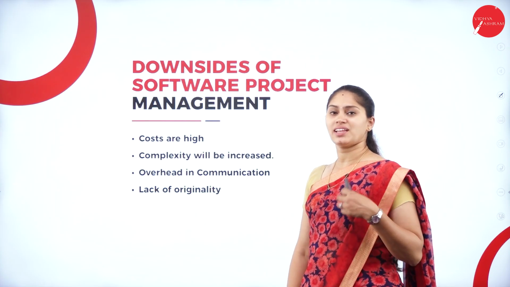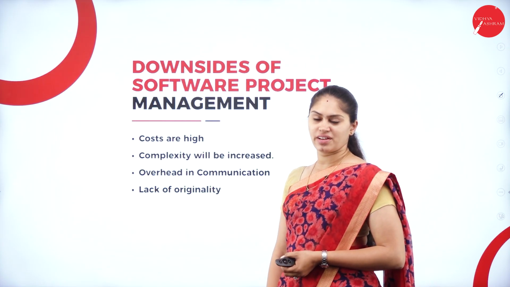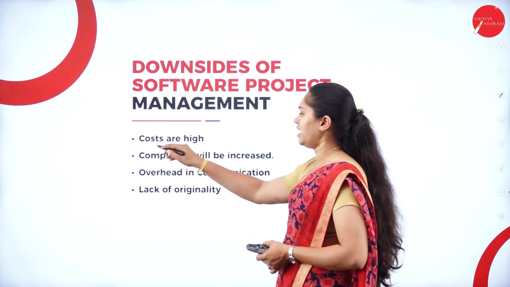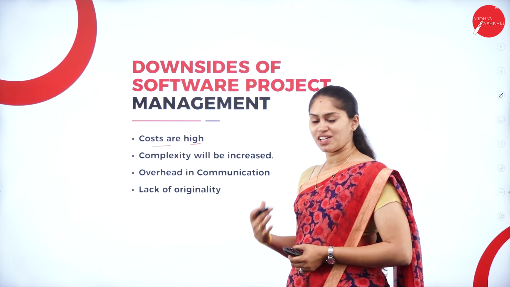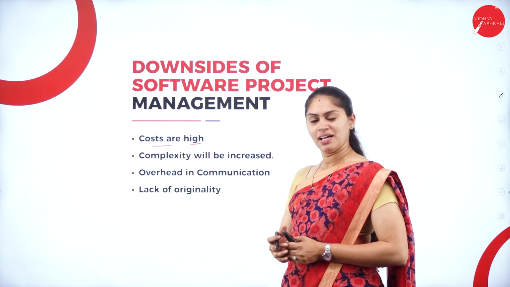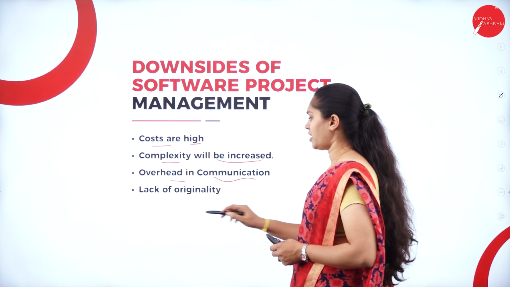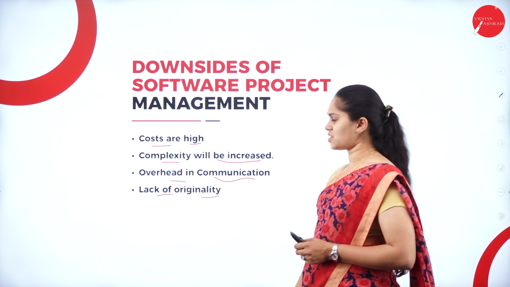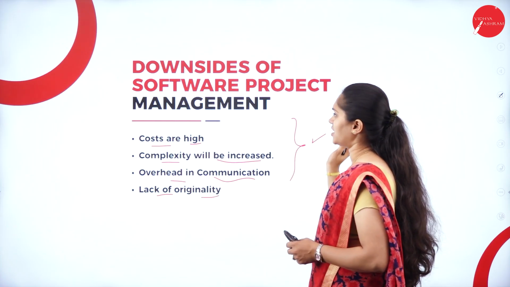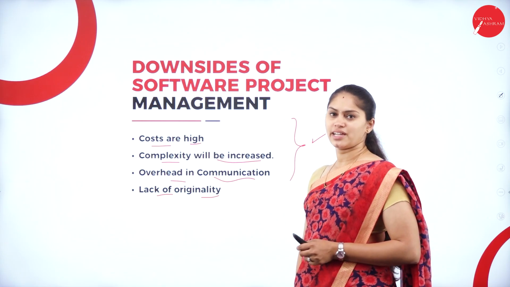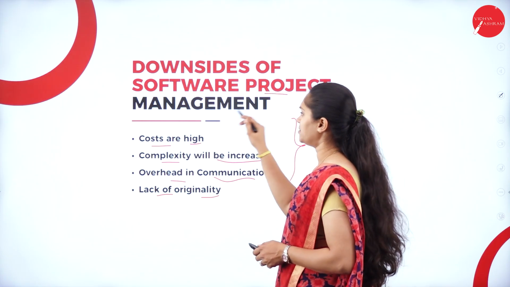Next, we'll see the disadvantages we face with SPM. Costs are high if you are managing a project 360 degrees, complexity increases, there is overhead in communication, and a lack of originality. All these are the downsides of software project management.